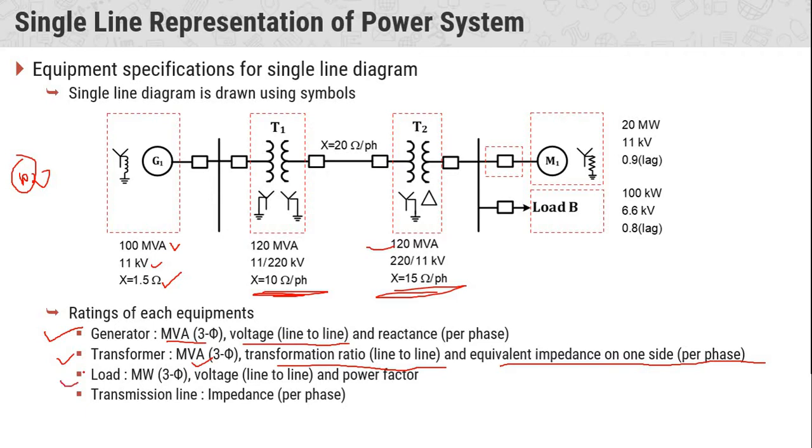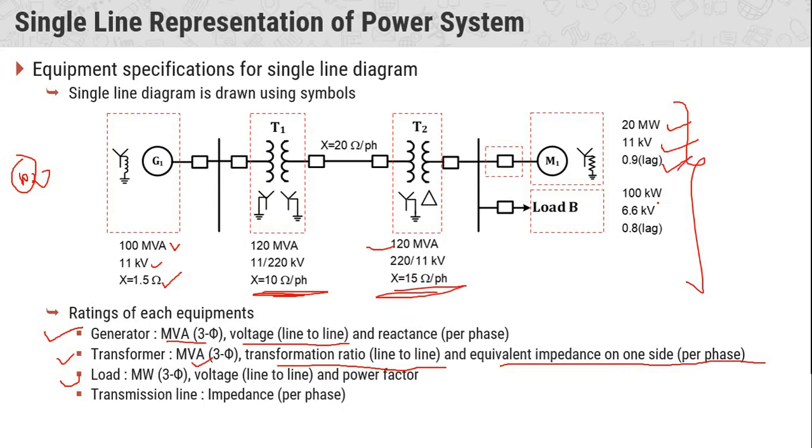Now third is a load. This is the source side, the generator side is the source side, and this is the load side. Where the load is connected is called the load side. On this side various loads are connected in parallel. Here the first load is a motor, and the second is a normal resistance impedance, named as load B. So if the load is a motor, then the specifications we require are its megawatt 3-phase, its voltage and its power factor.